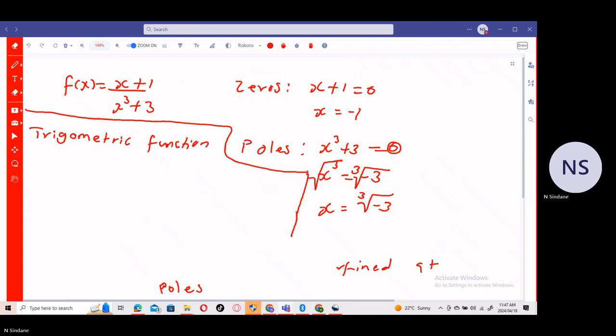With trigonometric functions, you are talking about sine of x, cos of x, and tan of x. These are the three that we will talk about today. Hope you understand. In the next video, we will be doing questions on this, treating problems on the three functions that we did.